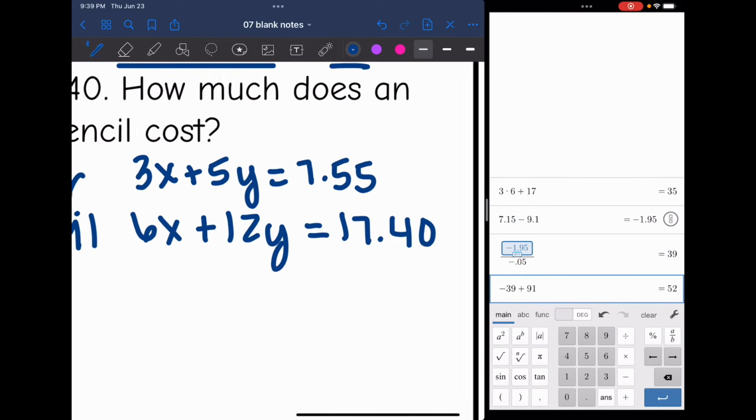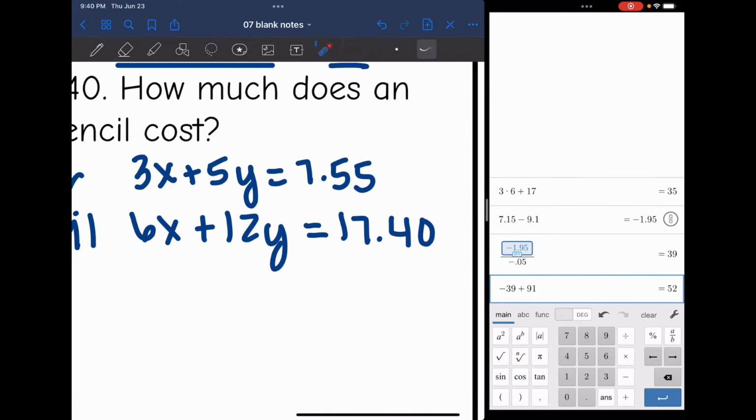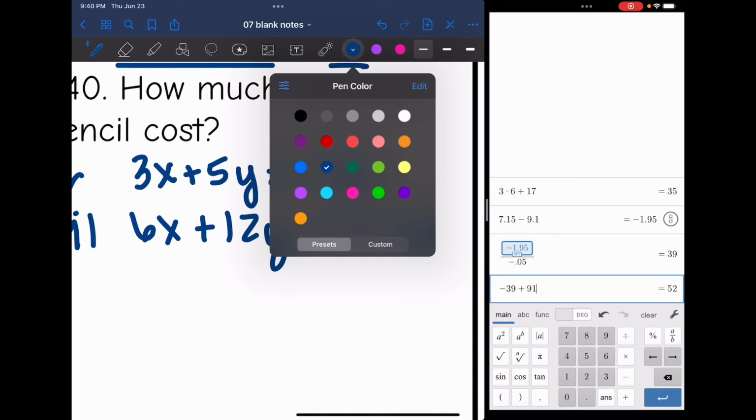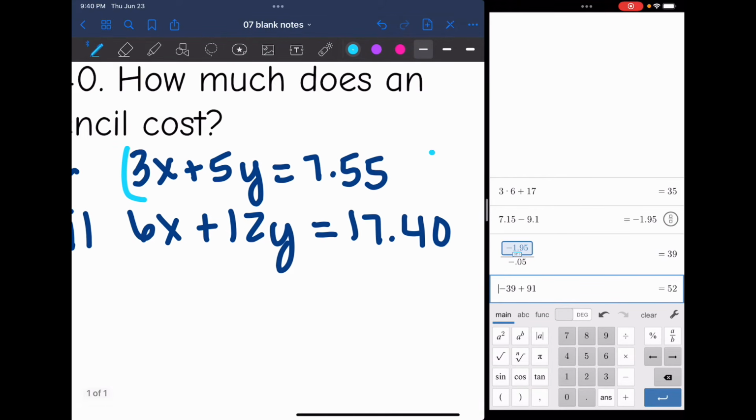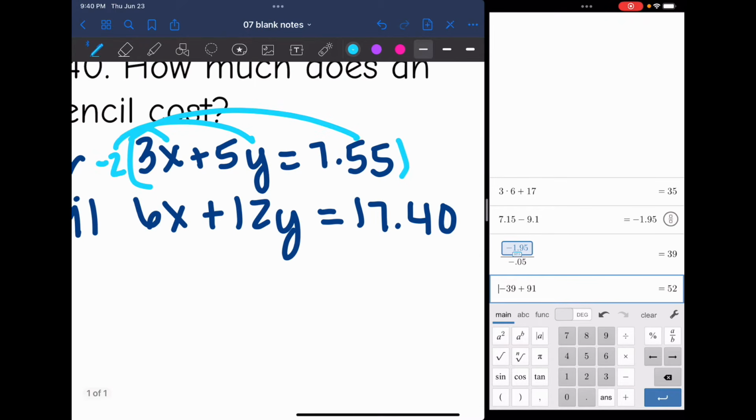Okay, now I need to decide the best method to solve this system. Substitution would probably be a little bit difficult here because there's not a variable that would be easy to isolate. I can tell that these x's will be fairly simple to eliminate though. If I just multiply this top equation by negative 2, then my x's will eliminate. So I'm going to rewrite the top equation.